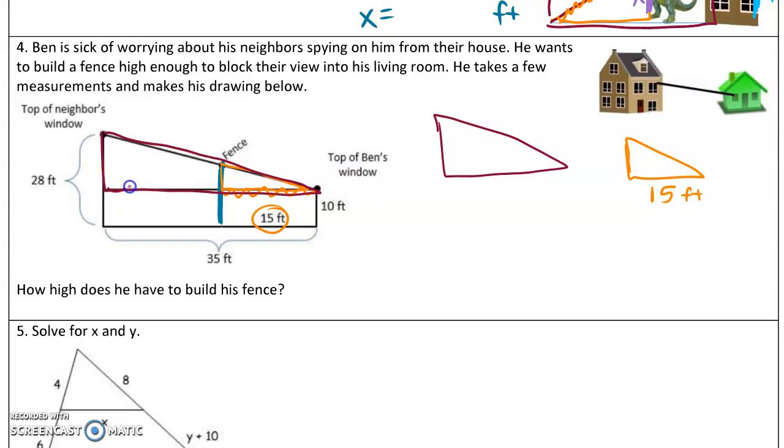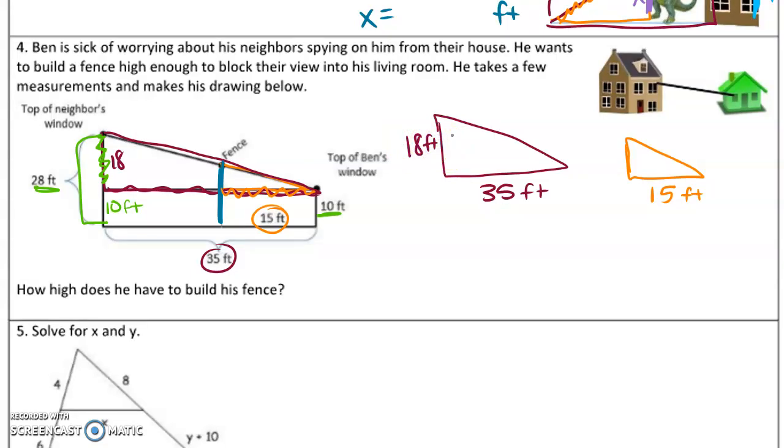And we can see this whole side is labeled 35 feet. And with our 2 triangles, we can see that this whole side is 28, but that's not the part of the bigger triangle. If we look over here, this portion is 10, which means this part is the difference between 28 and 10. So on that side, it's actually 18 feet. 18 would go here.